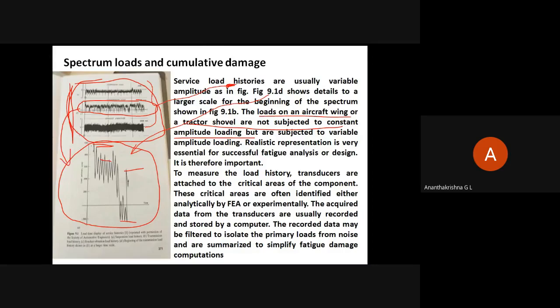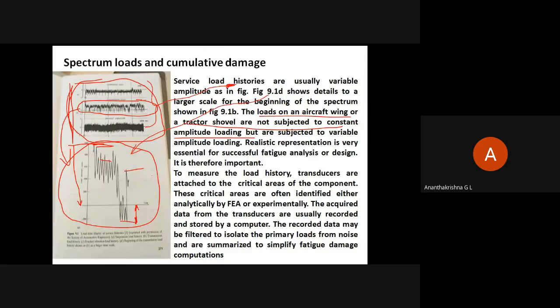Here you have maximum amplitude and here minimum amplitude. If you explore this, you will get many such cycles, wherein the component is subjected to variable amplitude loading.